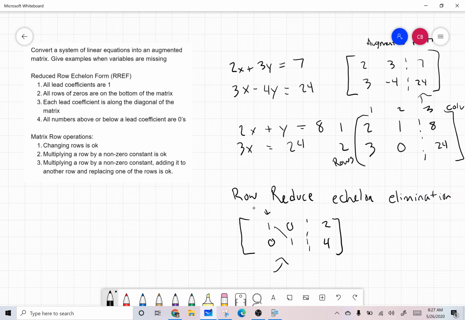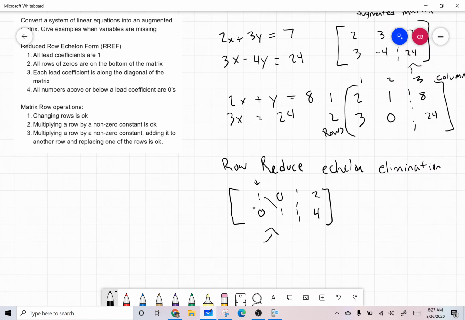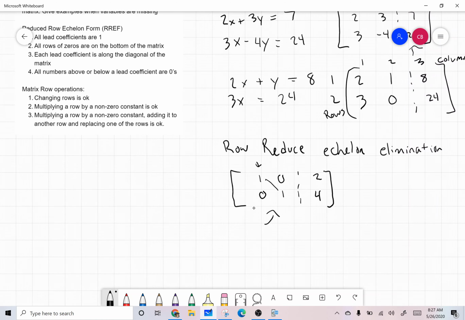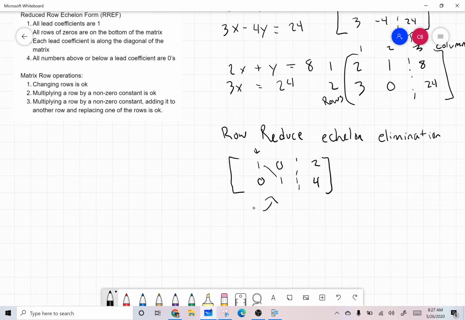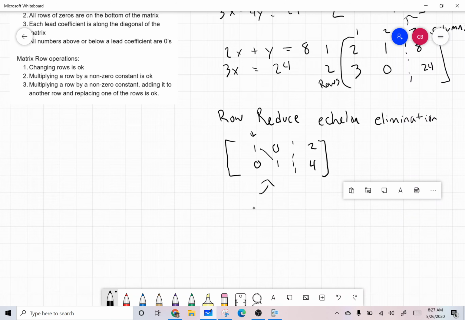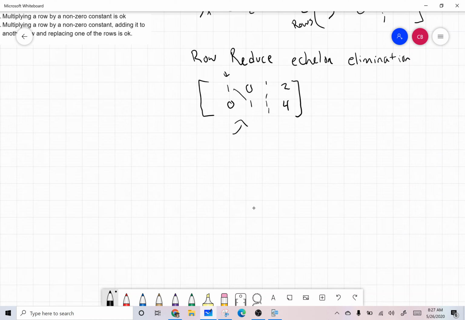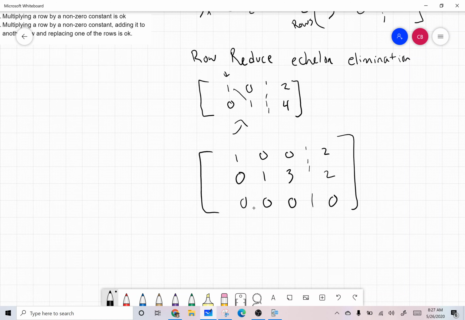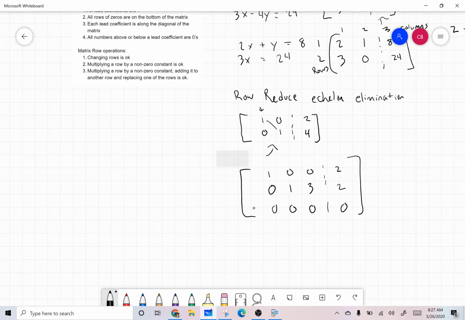That doesn't always happen, at the very least above, usually, but we'll see. So let's look at another example of a row reduced form. You could have the following: 1, 0, 0, 2, 0, 1, 3, 2, and for instance 0, 0, 0, 0. I just want to point out this is the example.